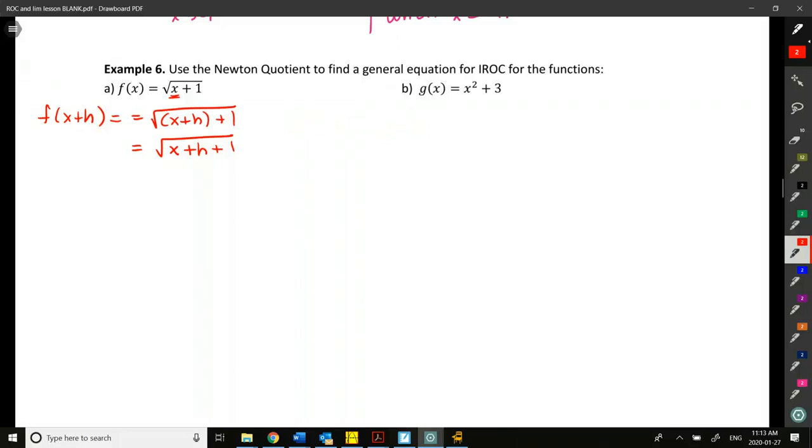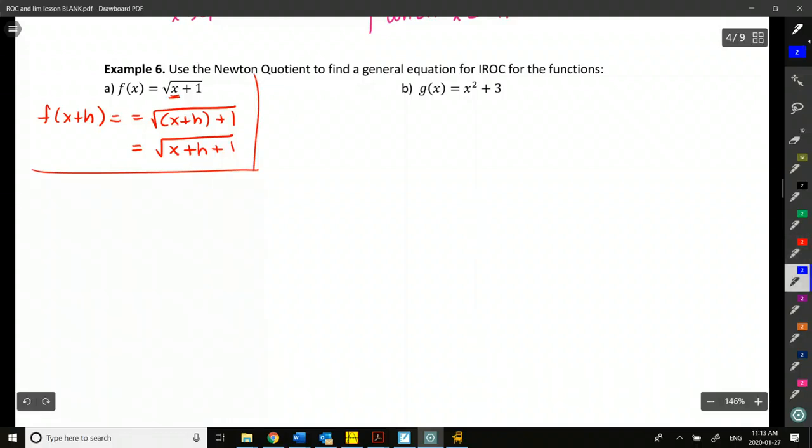Okay, now we're going to plug this into the Newton quotient. I like to just do this off to the side first so that I can just plug it right in once we're ready to go. So we're finding dy over dx, or another way that you might remember having used in advanced functions is f prime at x.